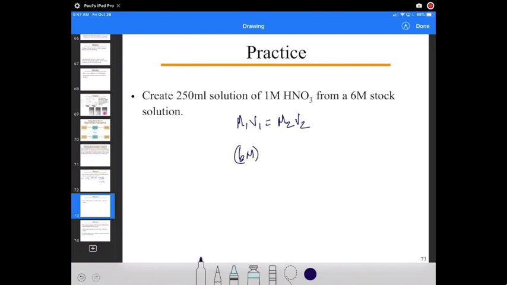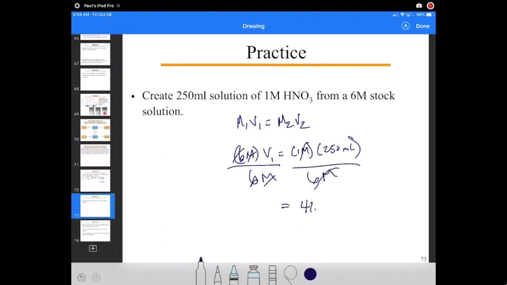What's the volume? 1 initially. What I'm looking for. What is the ending concentration you want? 1 molar. And how much do you want of it? 250 milliliters. Okay, 250 divided by 6. What does that mean?